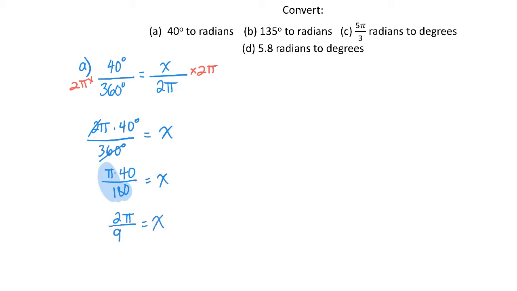So that's what that measure would be. 40 degrees would be 2 pi by 9 radians, or 2/9 of pi, or 2 pi divided by 9 radians. And let's do our second example, and then hopefully you'll see the commonality. I hope you can see, firstly, that when we looked at that before, I used the 2 pi by 360, which became the pi over 180.